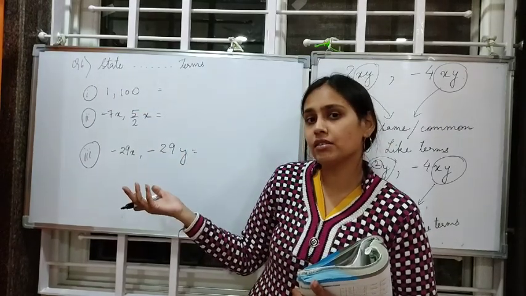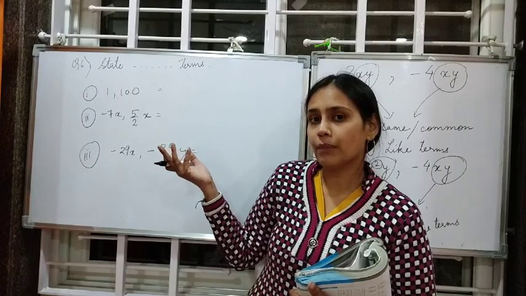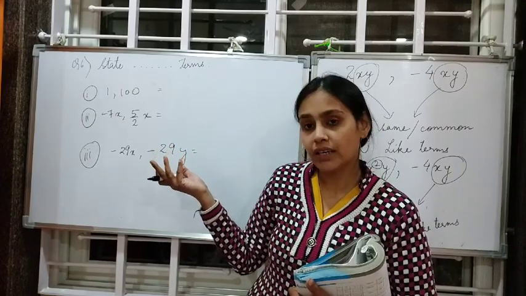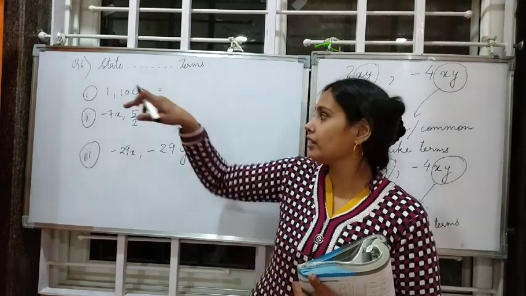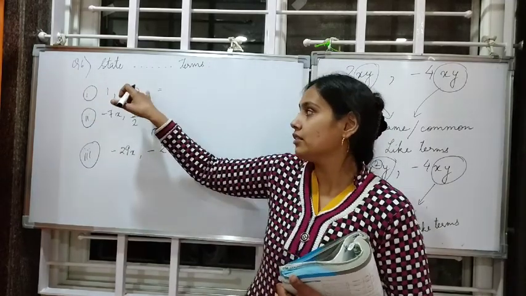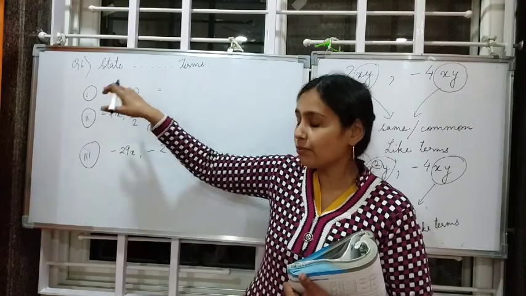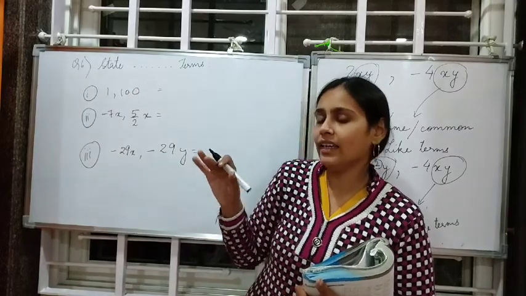Okay, that means what to compare? Nothing to compare, right? But we have to tell whether they are like or unlike. So when the variable is missing here, variable is missing here also. That means they are like terms.